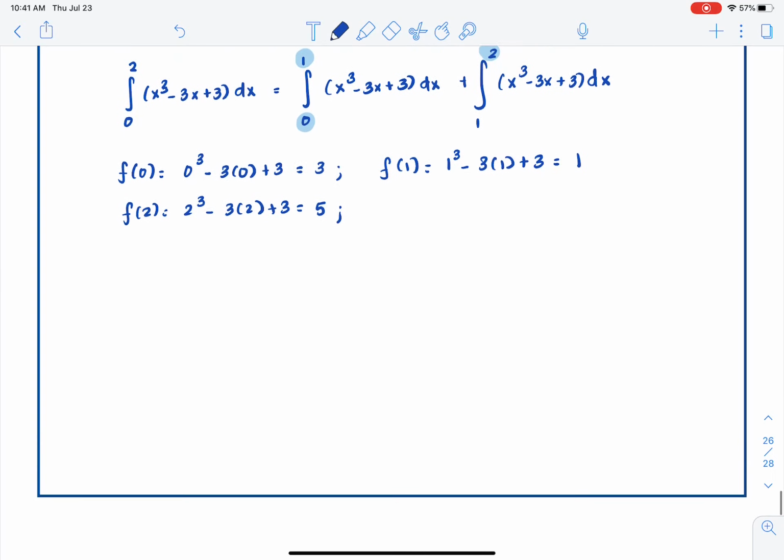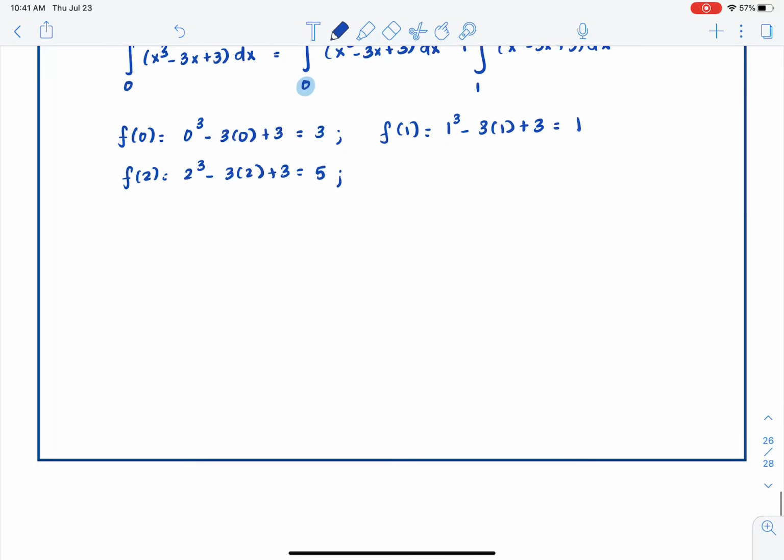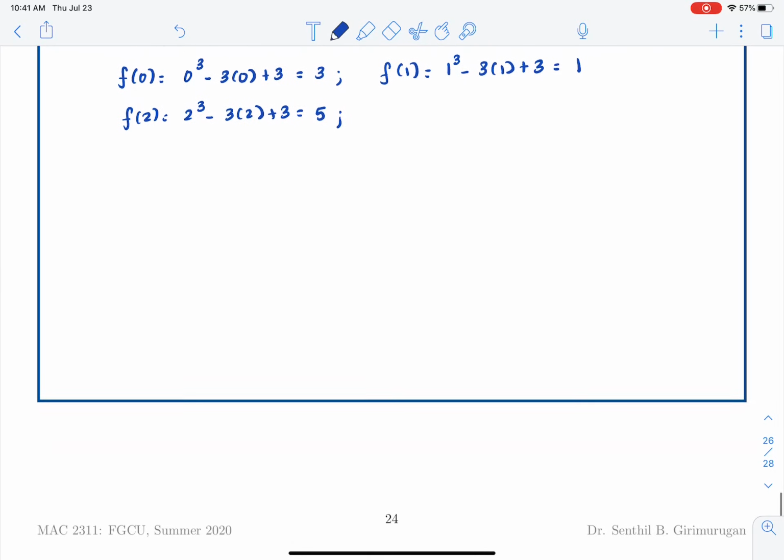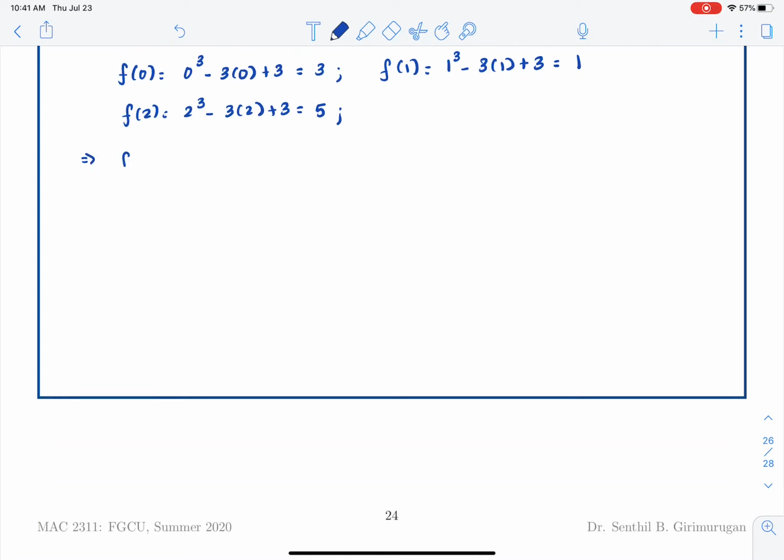So clearly, since the function is decreasing between 0 and 1, f of x is decreasing for x in 0 to 1, and the values are 1 less than or equal to f of x less than or equal to 3.